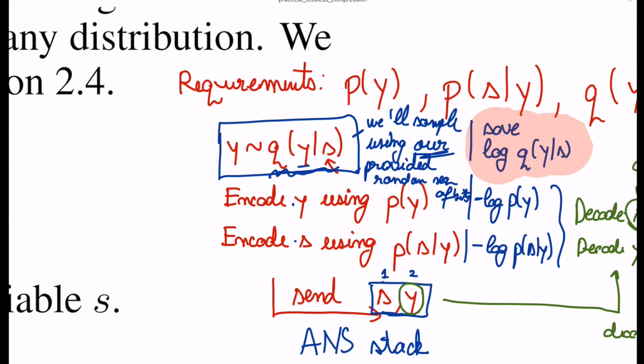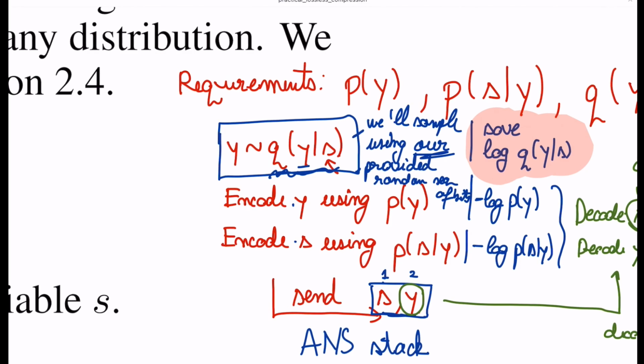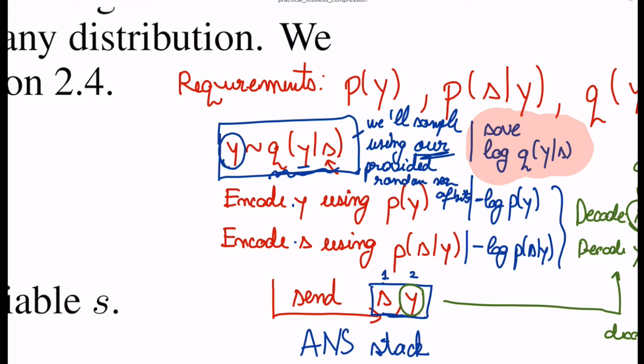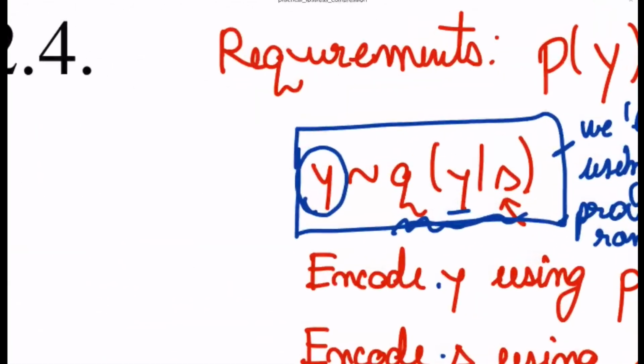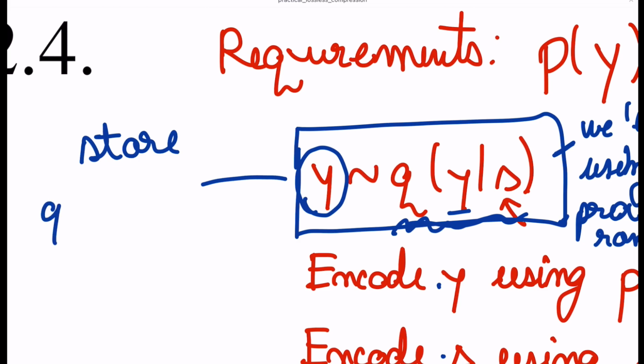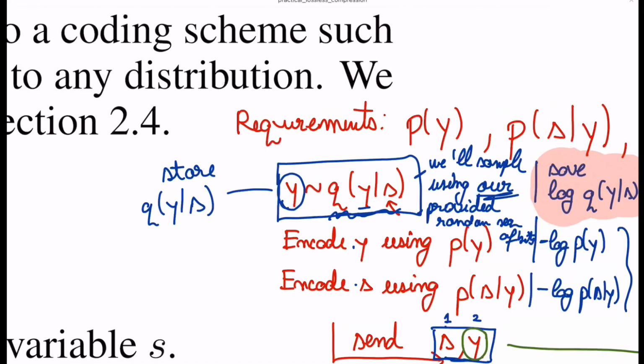If we sample from it, then we retrieve back, sending this Y requires the information that we store in Y due to sampling this way is going to be equal to minus log of its probability.